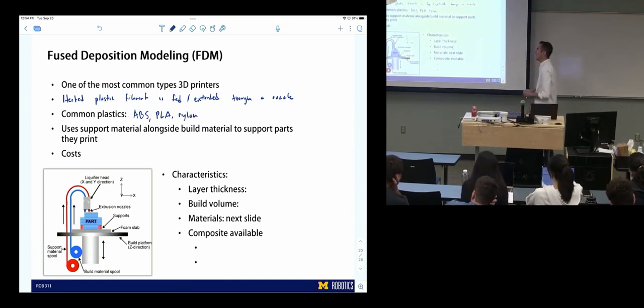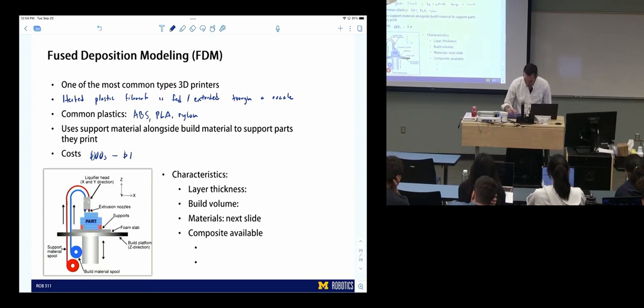These are common plastics you would use. It builds support material alongside the build material to support parts as they print. Costs: hundreds to thousands. So here's a little depiction of this.